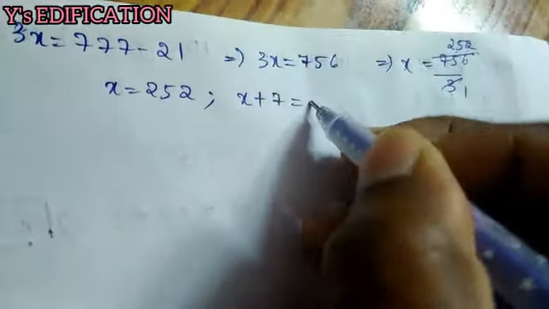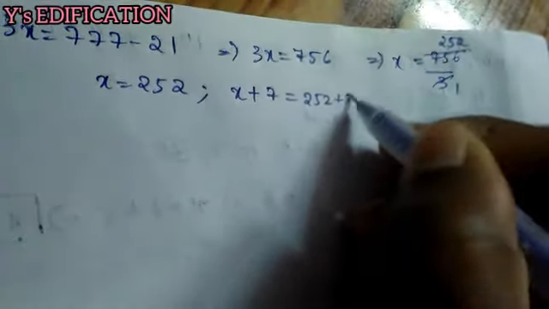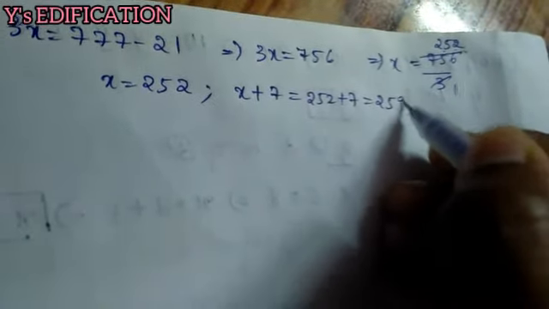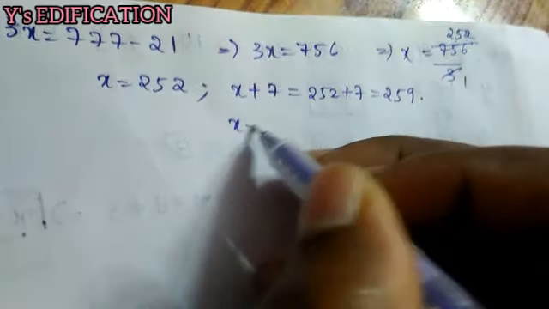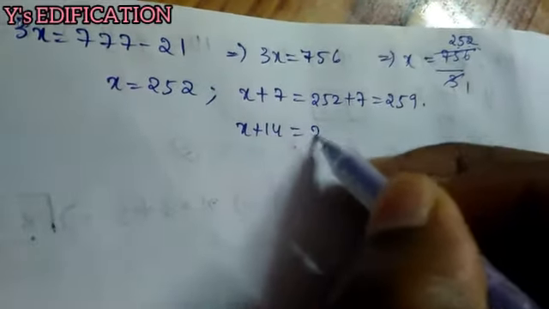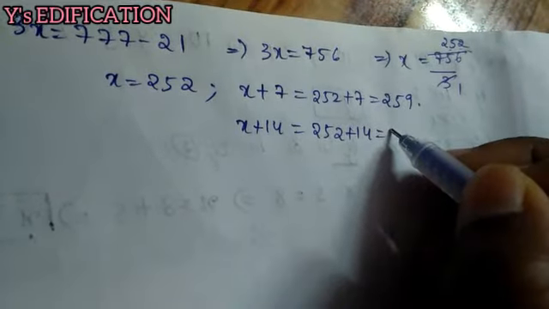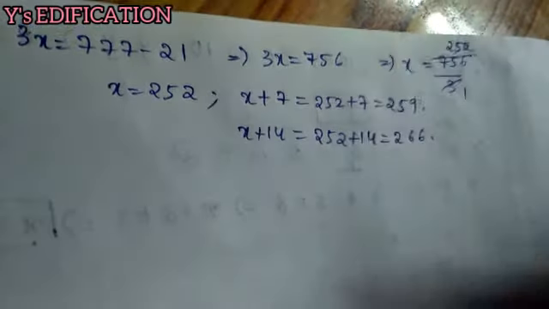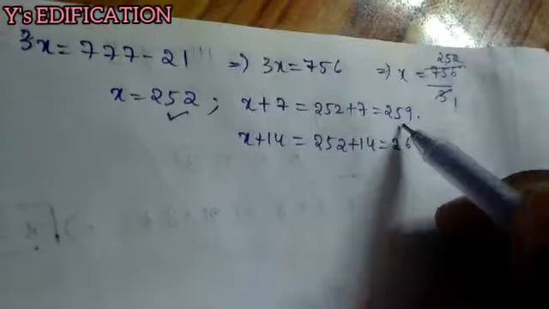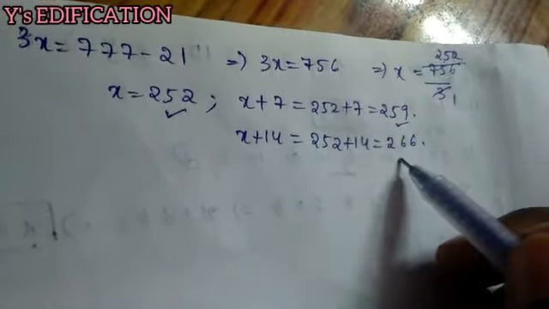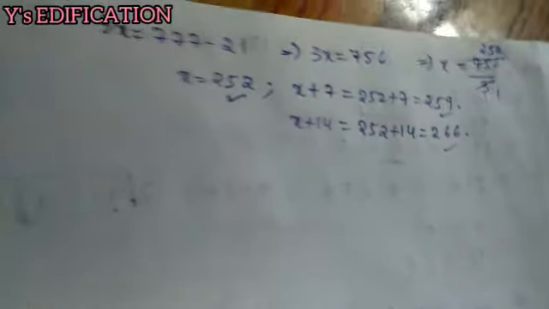X plus 7. That means 252 plus 7 is 259. What is the next number? X plus 14. So 252 plus 14 means 266. So one number is 252, second number is 259, third number is 266.